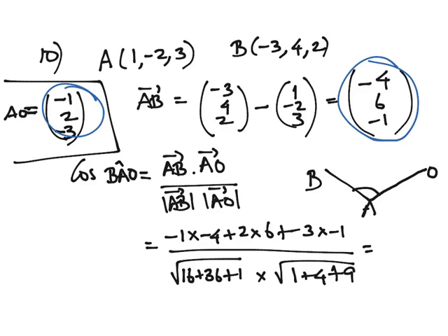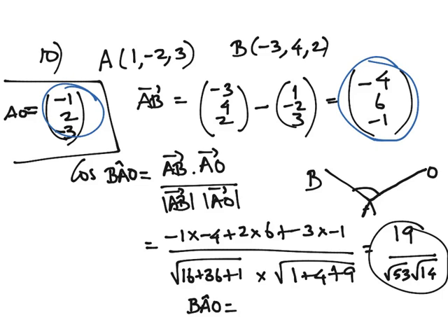In the numerator you get 4 plus 12 plus 3, which is 19, divided by square root of 53 multiplied with square root of 14. So angle BAO is cos inverse of this, and the answer is 0.7988, so 0.799 radian. Okay, that's done.